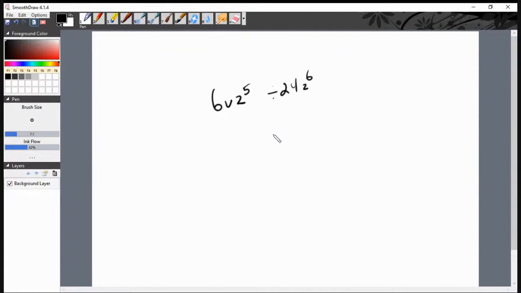So what you end up having is, let's deal with our exponents first. What's 6 divided by 24? Now you're going to get a decimal.